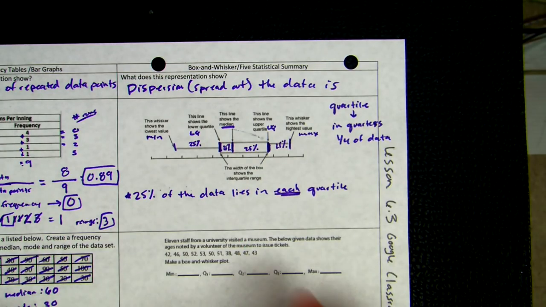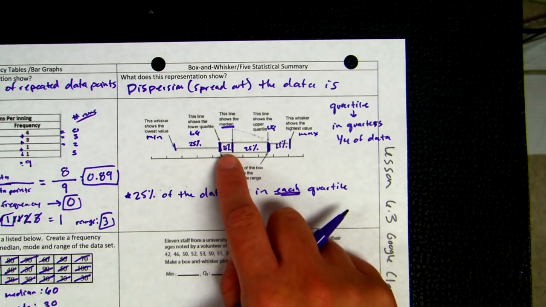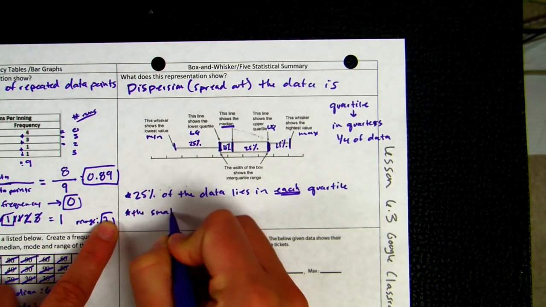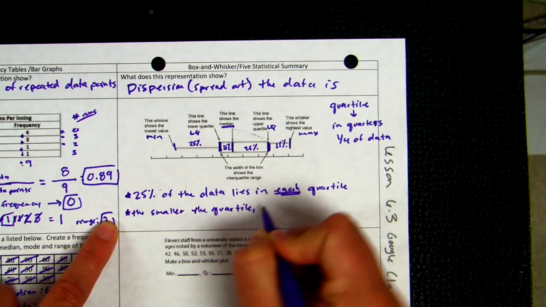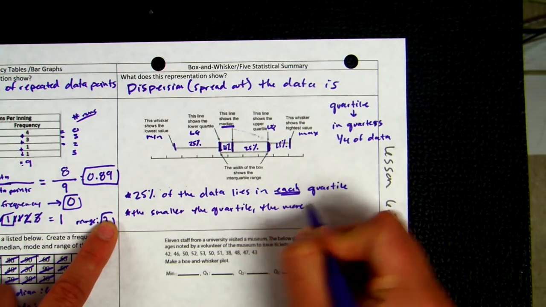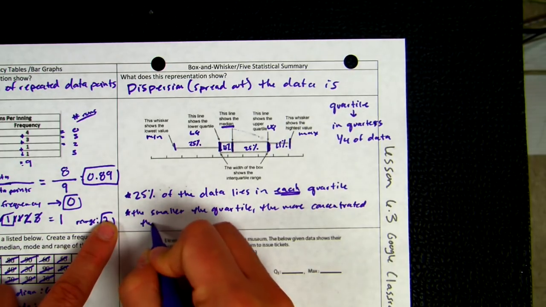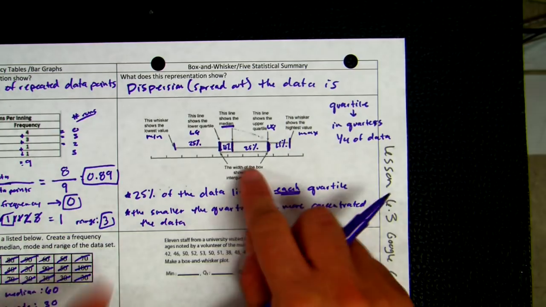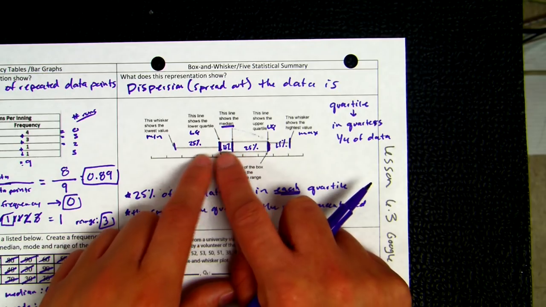So I can see that my data is really concentrated between the lower quartile and the median. The smaller the quartile, the more concentrated the data. So a lot of my data is concentrated between the lower quartile and the median.